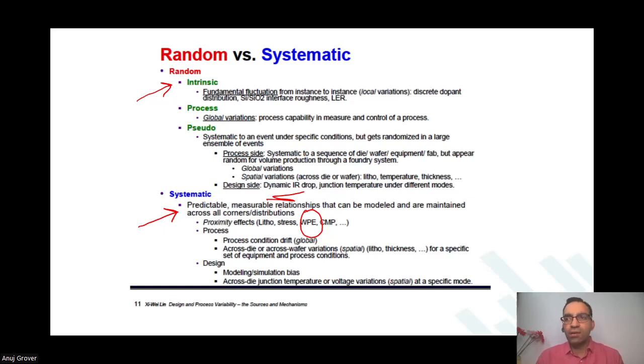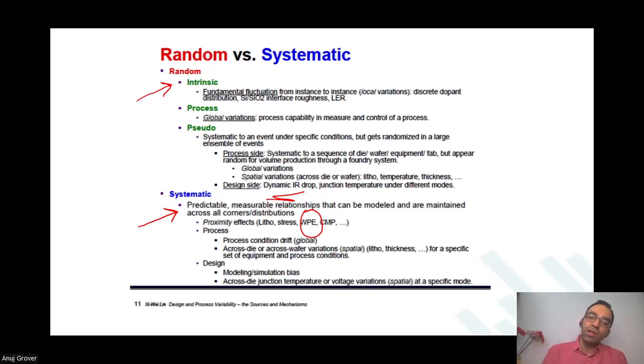Model them means you can reasonably accurately model them, and then you can simulate and see the impact of them on your exact device. Random variations, you can only statistically model them, and you can see the statistical impact only. You cannot really see the exact impact of random variations.